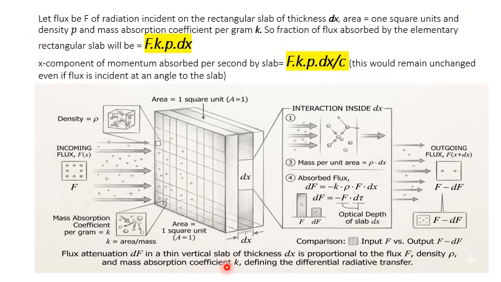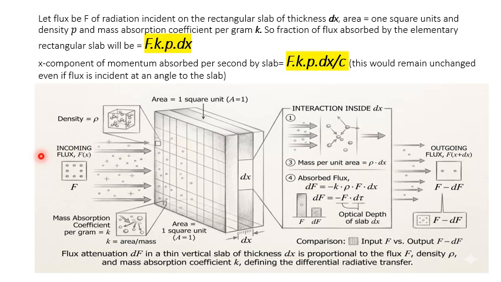So here we have a rectangular slab. We imagine an incoming flux F that is coming into the slab and then moving out. We consider the cross-sectional area of this slab to be 1 square unit, its thickness that interacts with this flux to be dx, and its density to be rho, and one more extra term which we are going to define as the mass absorption coefficient per gram, kappa.